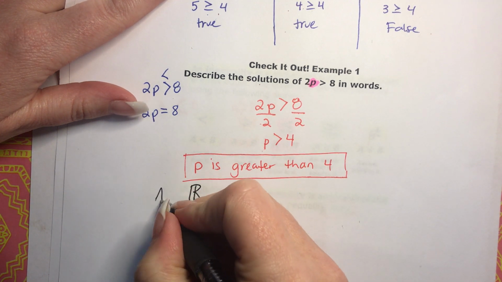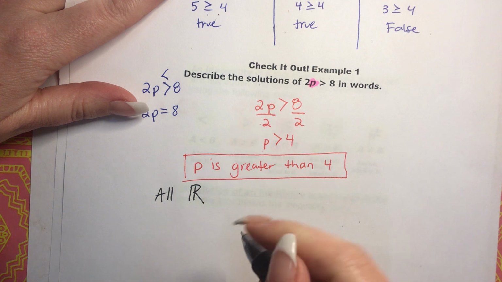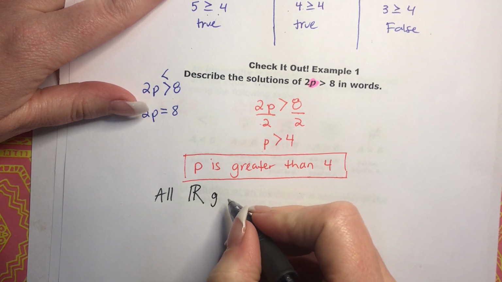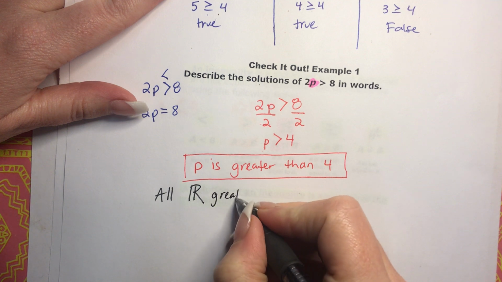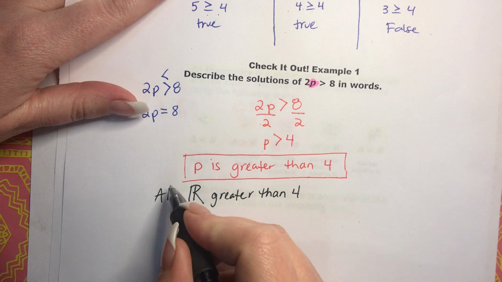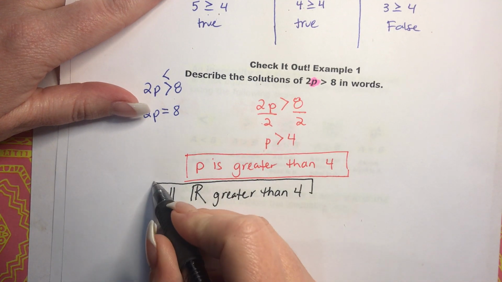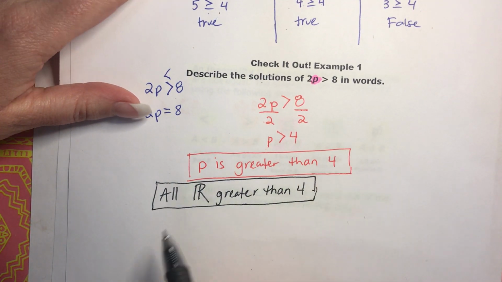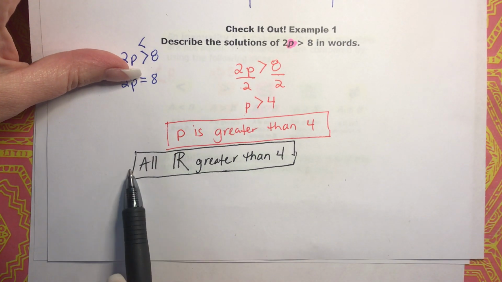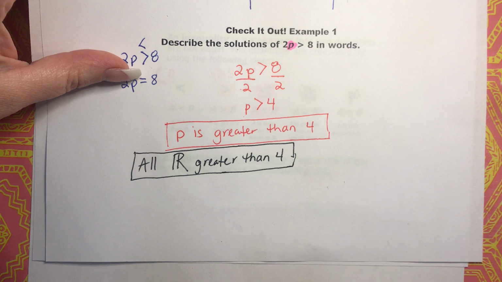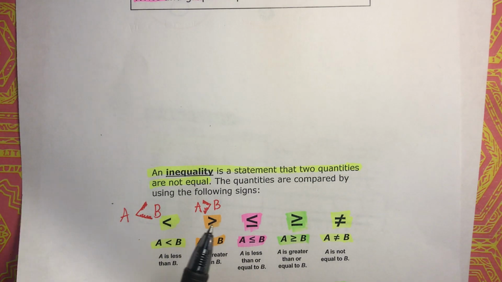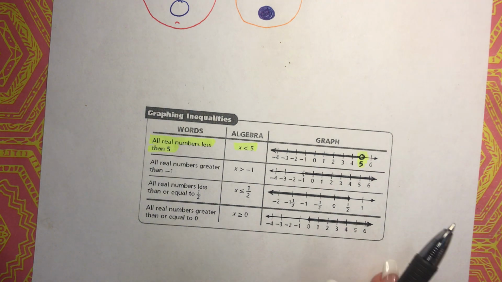So you can write all real numbers greater than 4, or use this symbol. Boom. Okay, back to what we were doing. Sorry for that little detour. I just felt like we should rewrite that.